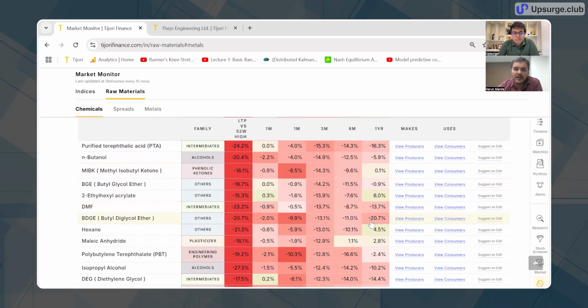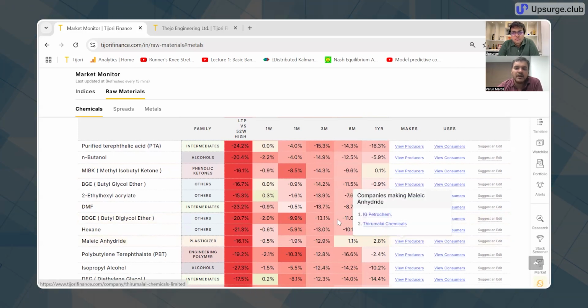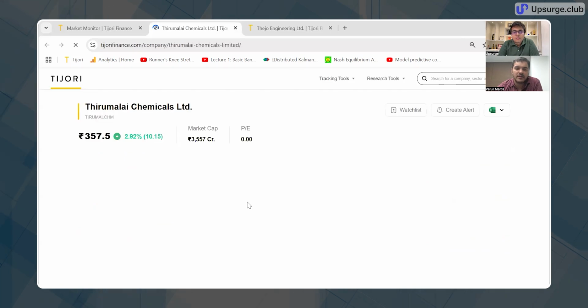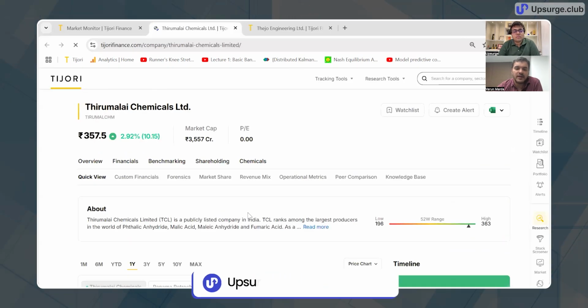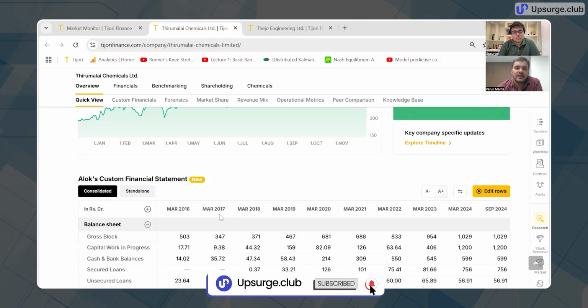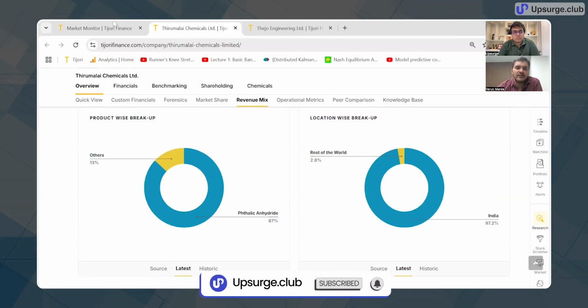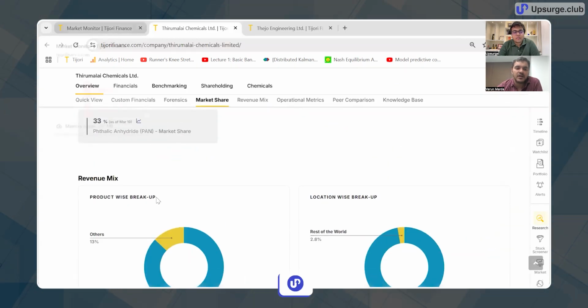Like Malik and Hydrate, these guys may be making a higher percentage because they're very small companies. So if I go here, phthalic anhydride is 87% of this company. So then I need to look for that chemical in case it's here.